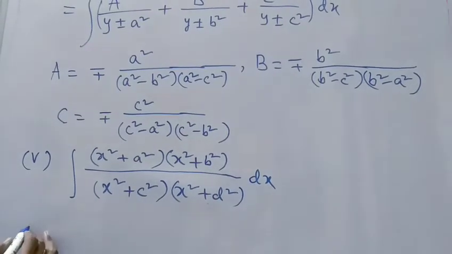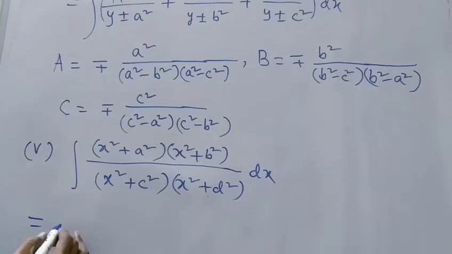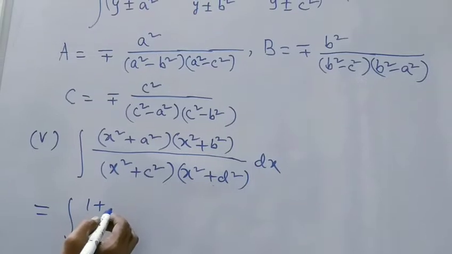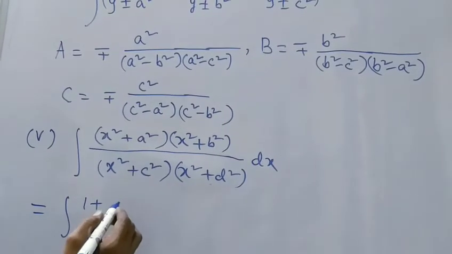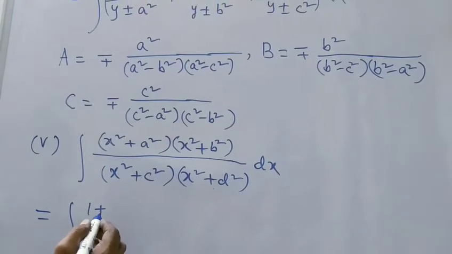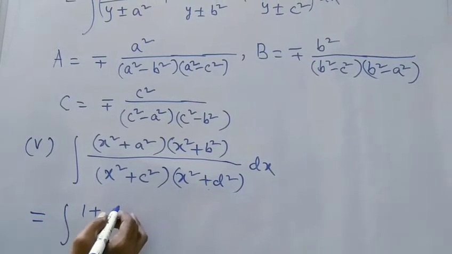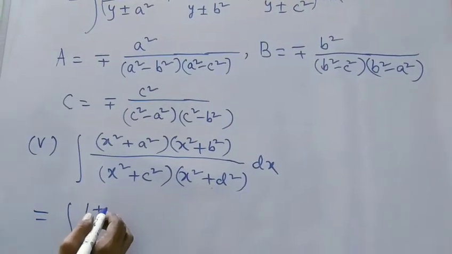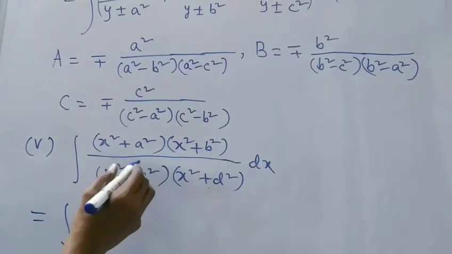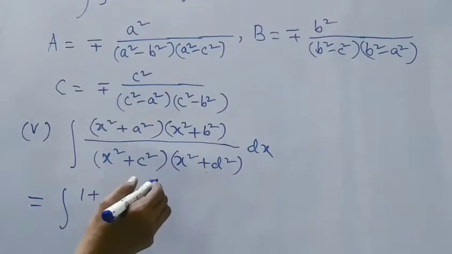is equal to 1 plus integral of f of y, in place of f of y, x square plus a square, x square plus b square by x square plus c square, x square plus d square.